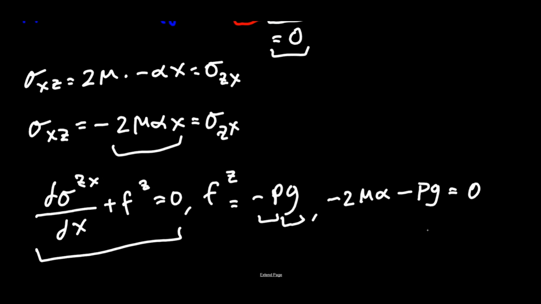So if we add rho g on the other side, and then we divide by -2 mu, we're going to get alpha is equal to -rho g over 2 mu. And so mu in this case is our stiffness, and g is our gravitational acceleration, so that's your 9 meters per second squared, and your rho is your density.